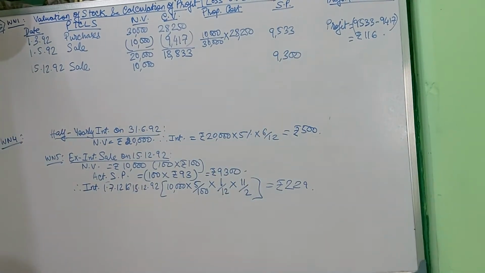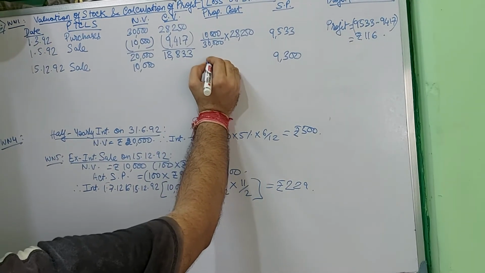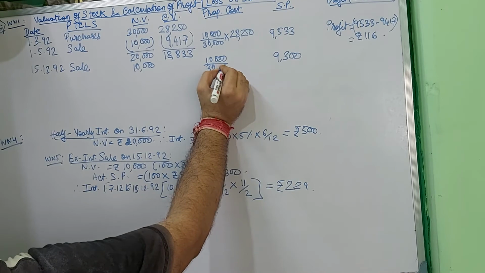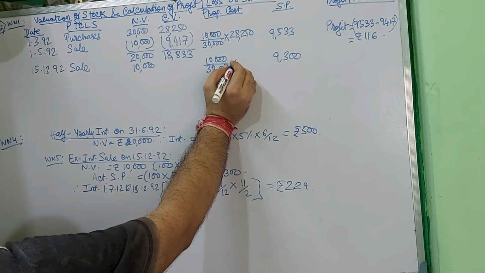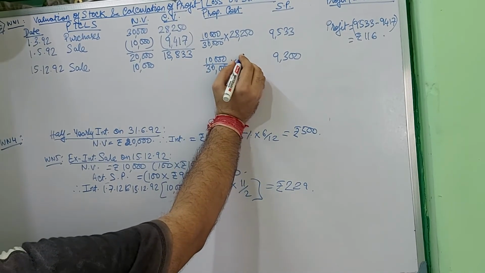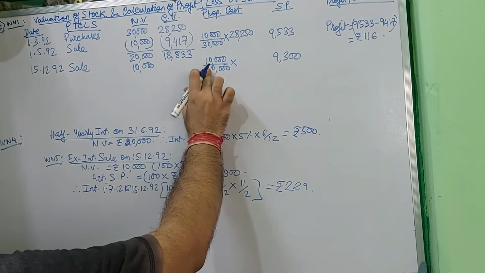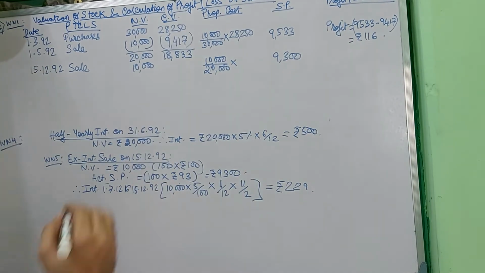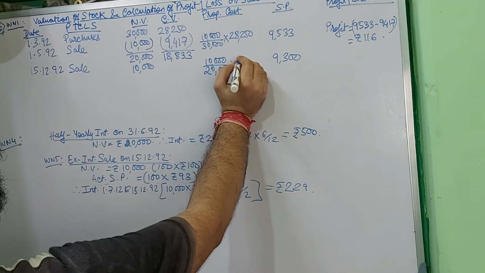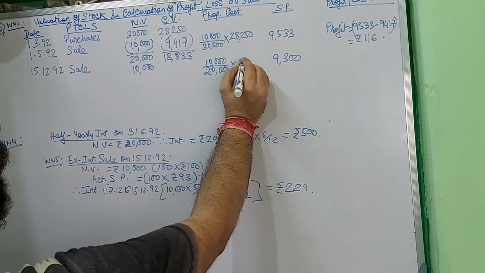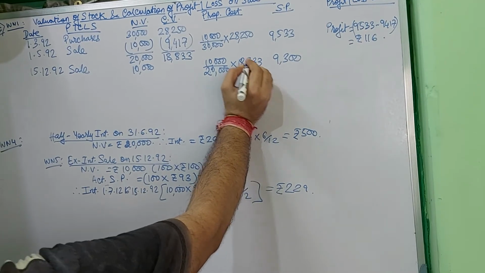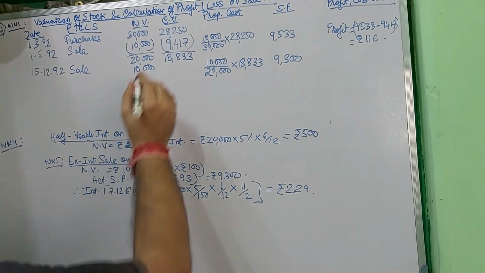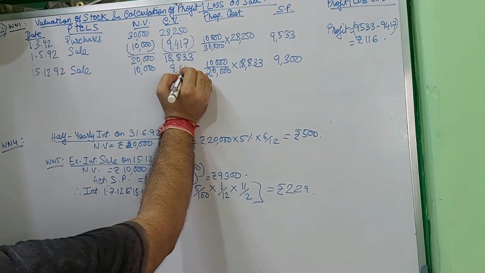Again you have to calculate like that: 10,000 by previous nominal value, which is 20,000. It is not FIFO, so 20,000 into previous capital value 18,833. It is not FIFO. So it is coming 9,416.